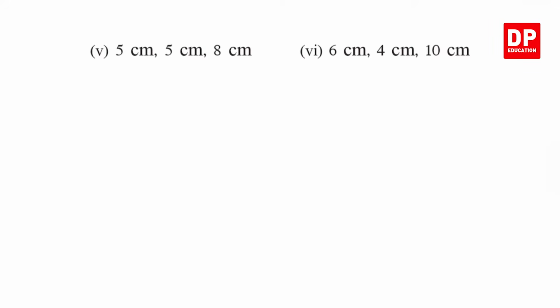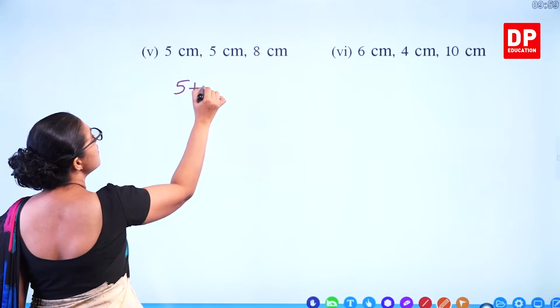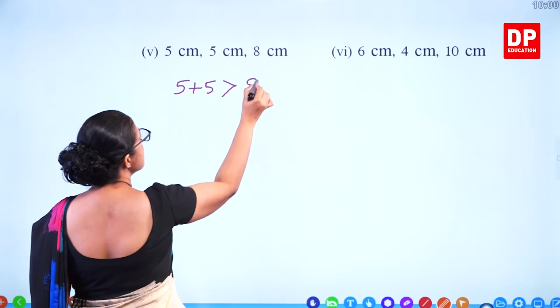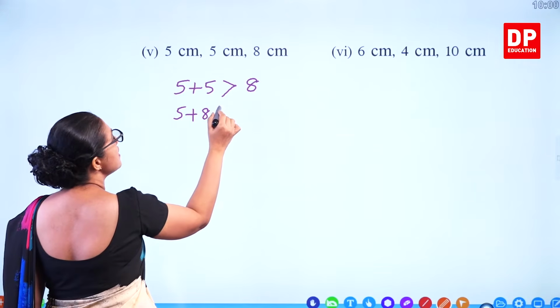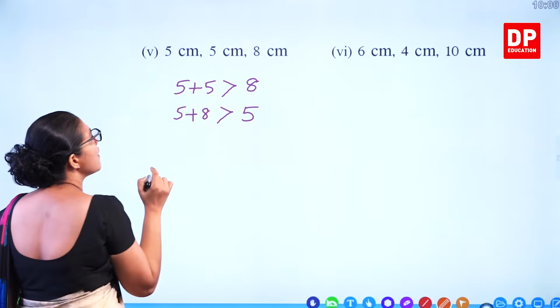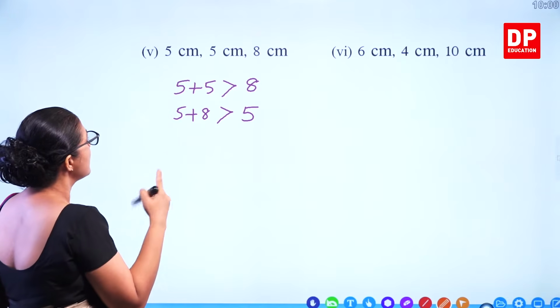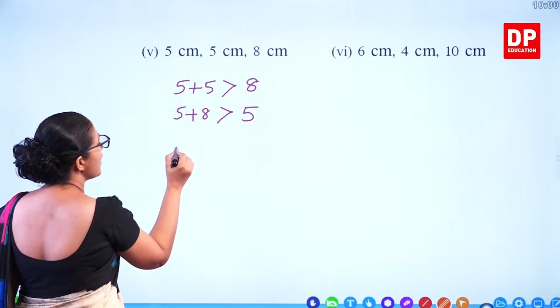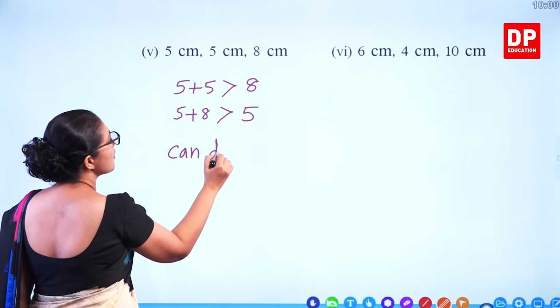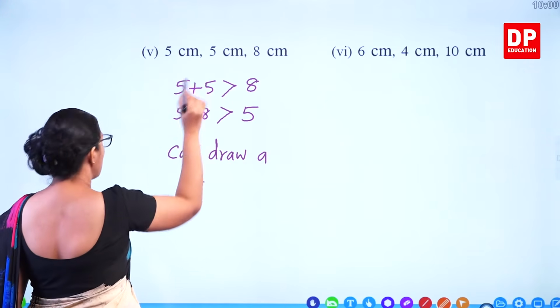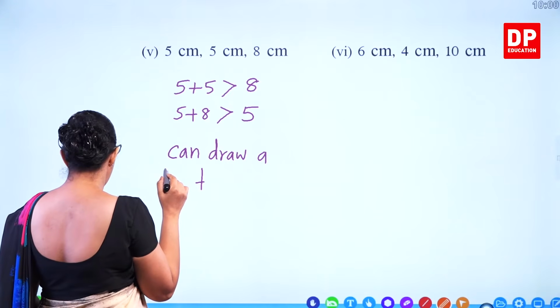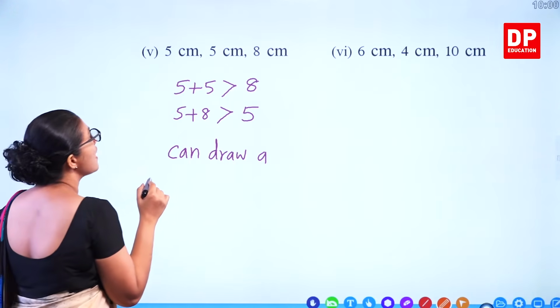5, 5, 8. 5 plus 5, that's 10, greater than 8. 5 plus 8, 13 is greater than 5. So the same pair again. So we can draw a triangle. Now here, what type of triangle? Two sides are equal.